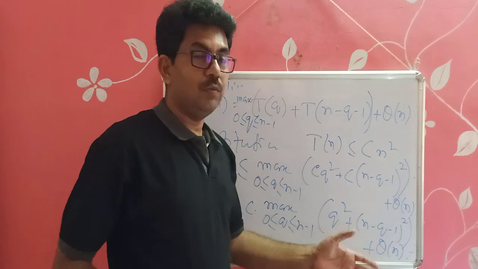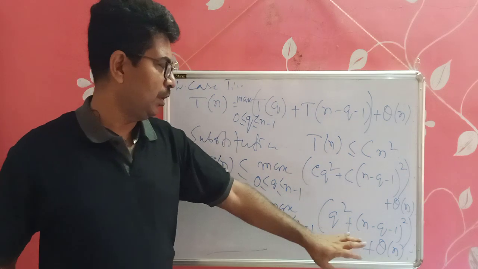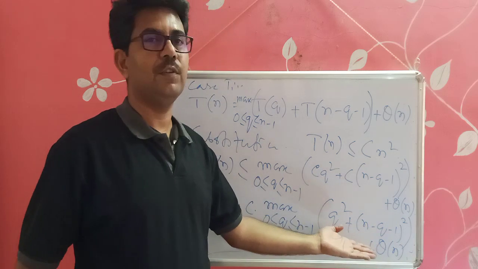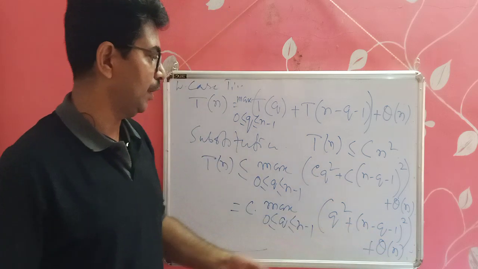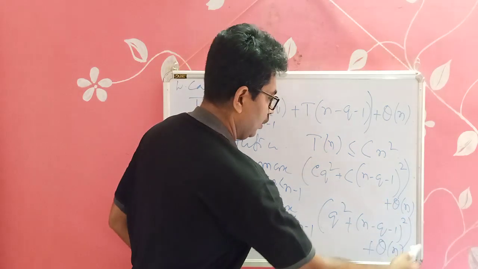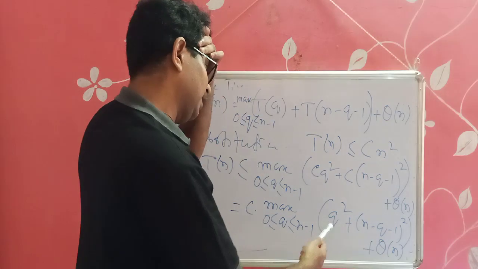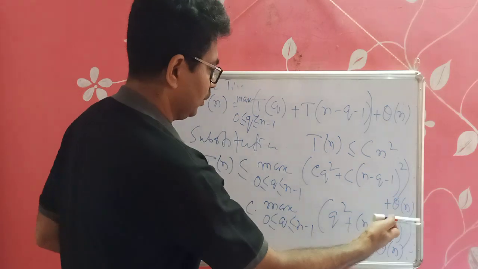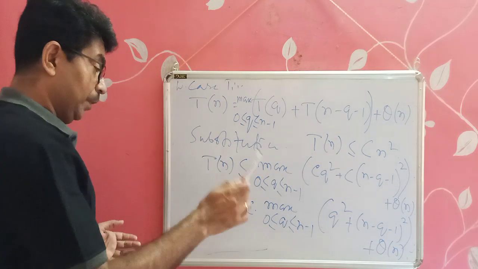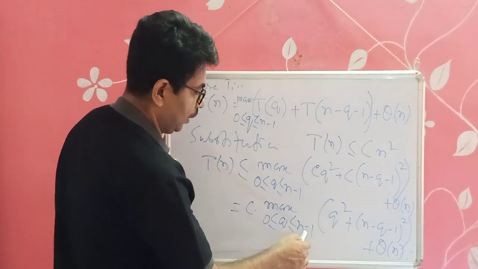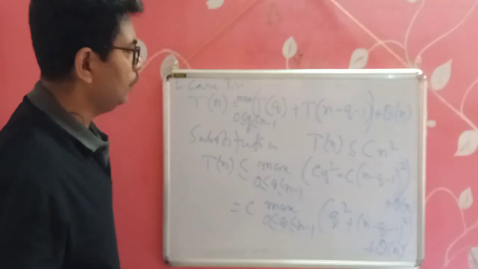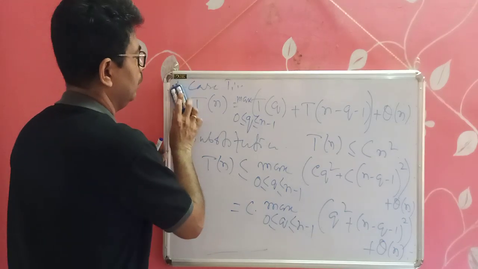We can prove this, but since it is beyond our scope to go for the derivation: if we have the idea of derivatives and finding optimum values, then we can easily find that this kind of expression, x square plus (r minus x) whole square, exhibits optimality at either endpoint, that is at 0 and n minus 1.